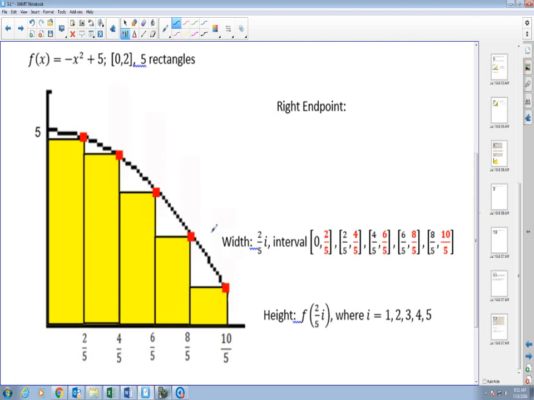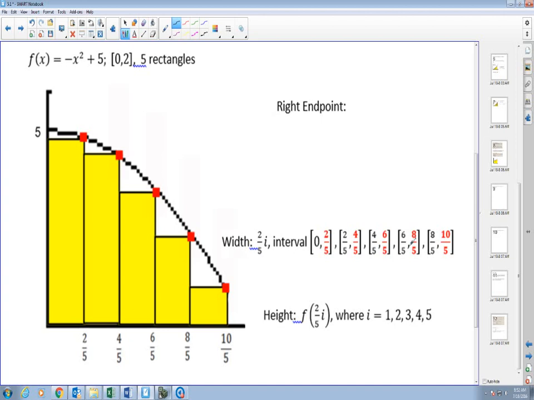If I use 5 rectangles of equal width, that means the width of each rectangle has got to be 2/5. As you can see, from 0 to 2/5, the width is 2/5.